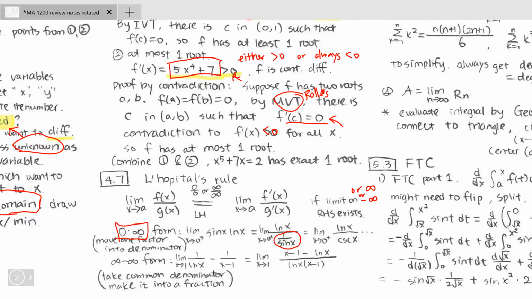We also have the infinity minus infinity form. If you see a difference of two fractions, you take the common denominator and combine into a single fraction, because our goal is to transform those types into infinity over infinity or 0 over 0. So we hope to see a quotient. Okay, everybody?